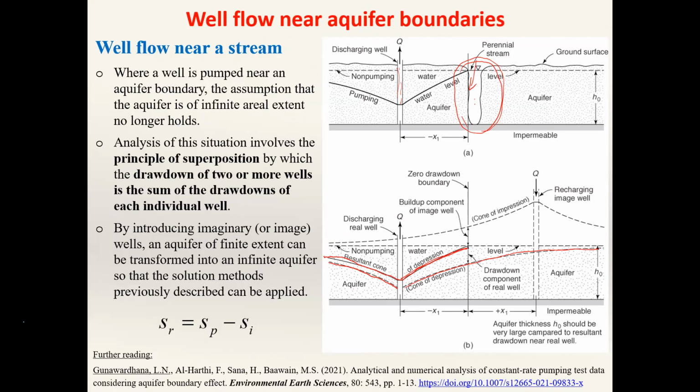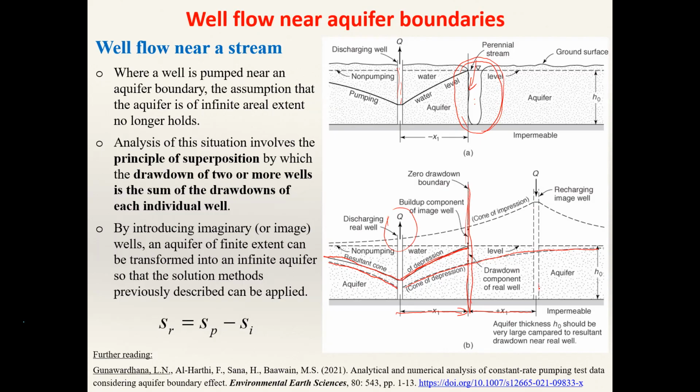So we again use the principle of superposition to address this effect. Here we have this pumping well. Exactly at the same distance on the other side, where the boundary is located, we add another well.